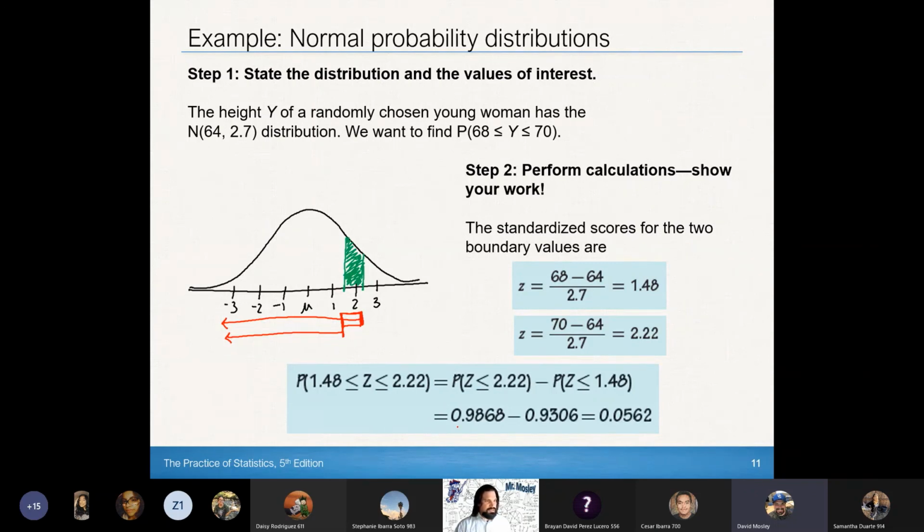So then we get 0.9868 from table A minus 0.9306, again from table A, and we get 0.0562. Is there any questions about how this was done?